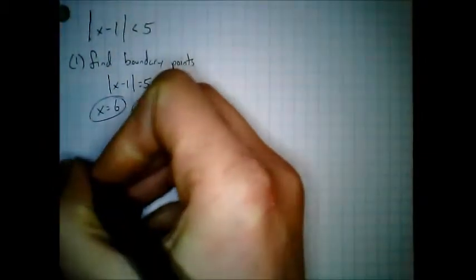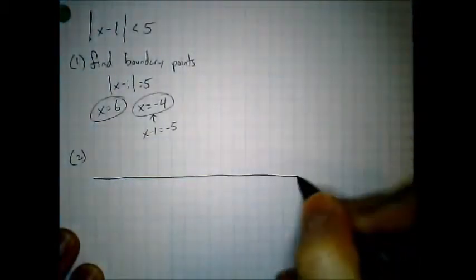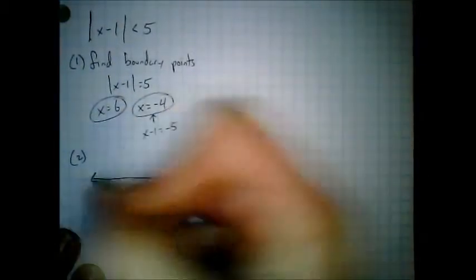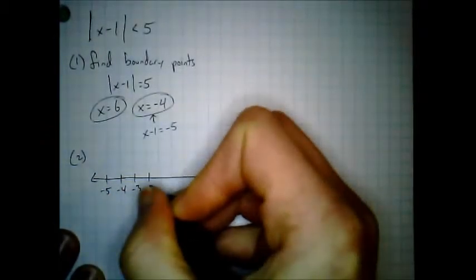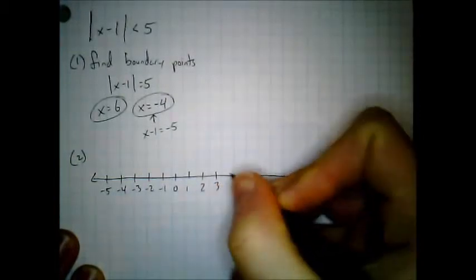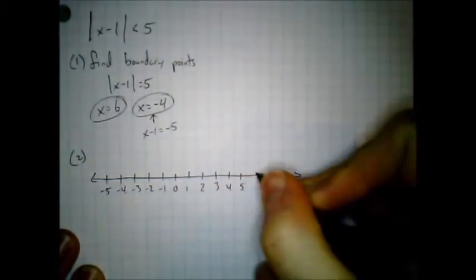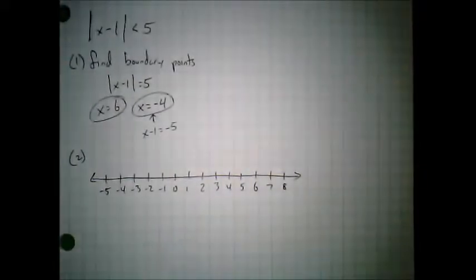Well, the next thing we always did was plot our boundary points. So we make a number line. Okay, we make it big enough to include both of our boundary points.